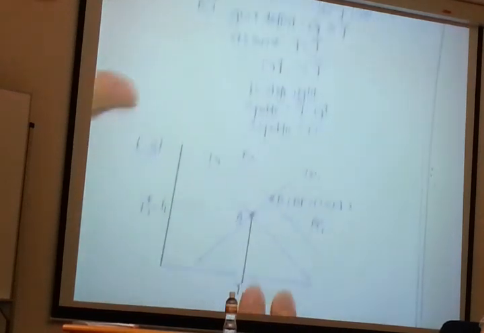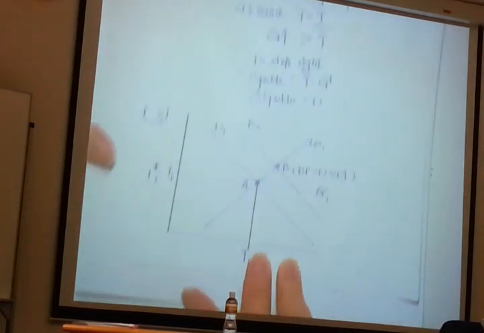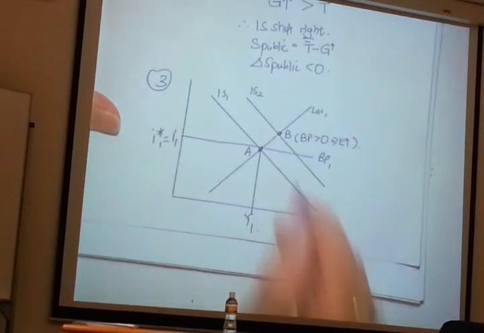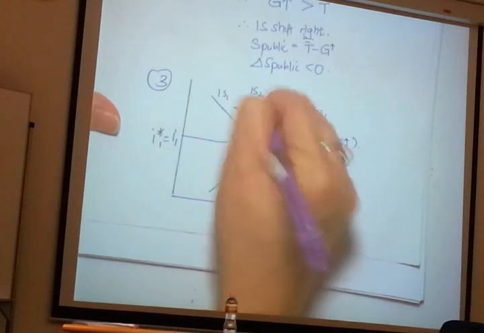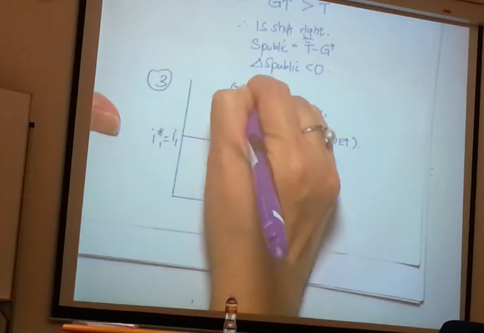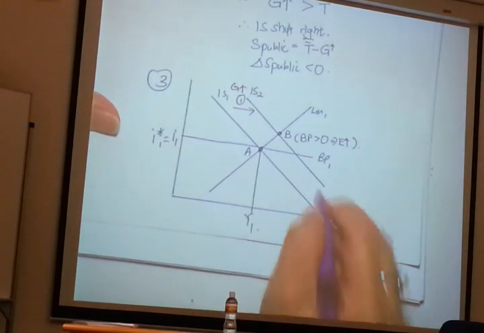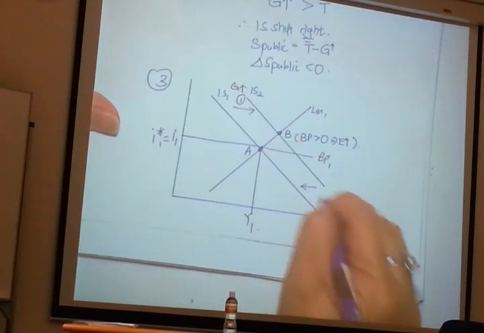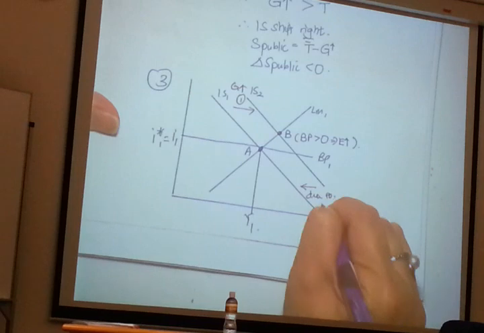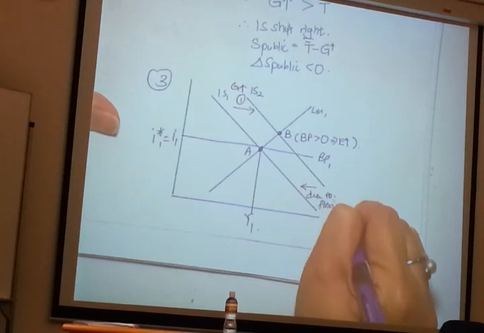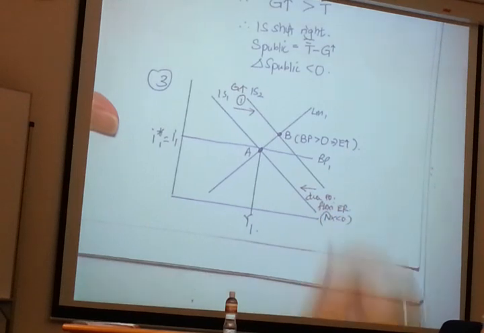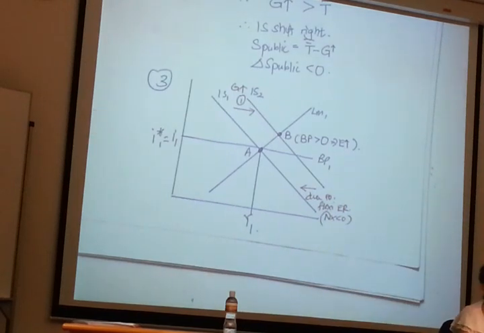So you are at point B. The only way that income and interest rate goes back to I1Y1, okay, so this is due to G increase. So for you to go back to point A, the only way is IS drop, and this must be due to flexible exchange rate. Alright, which in this case, the NX is negative.